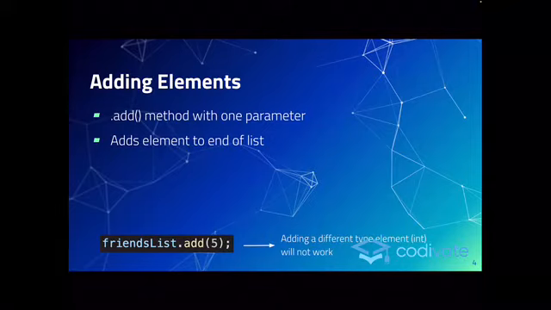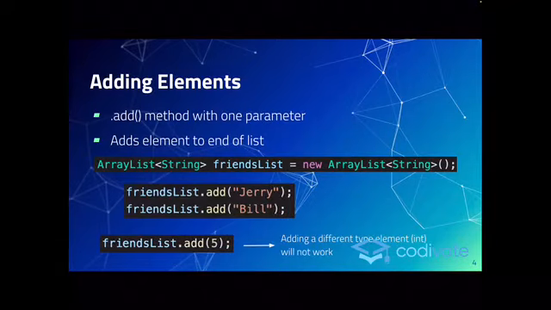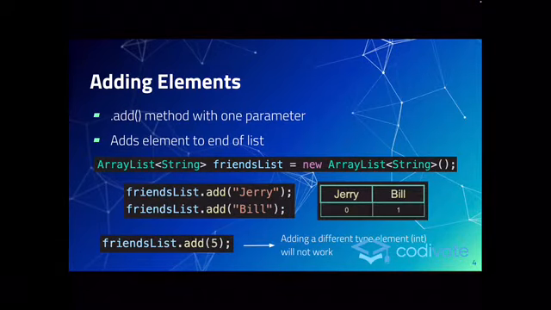So for example, let's say that you had this ArrayList of strings, and it's called friendsList, and it's a new ArrayList of type String. So if you called friendsList.add Jerry and then friendsList.add Bill, you would get Jerry in the first place, with index 0, because you added it first.